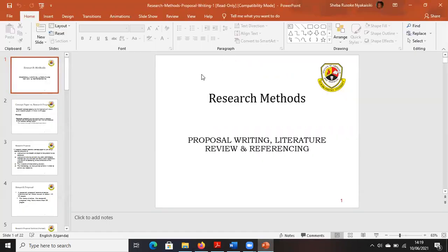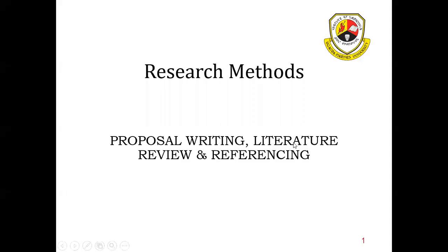Today, let's look at proposal writing. We have done a concept paper. A proposal is a build-up after the concept paper, which then must be approved for you to go ahead to carry out your research. The proposal itself makes up the first 3 chapters of your general dissertation.